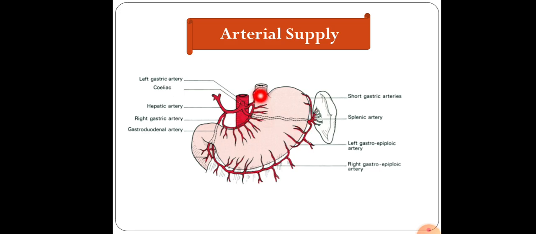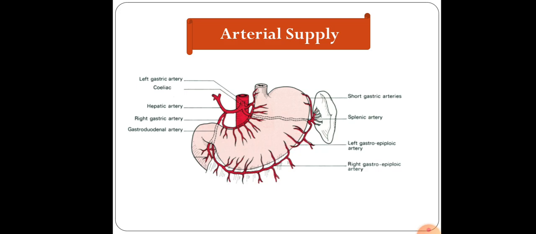The arteries that run along the lesser curvature are the right and left gastric arteries. The arteries that run along the greater curvature are the right and left gastro-omental or gastroepiploic arteries.